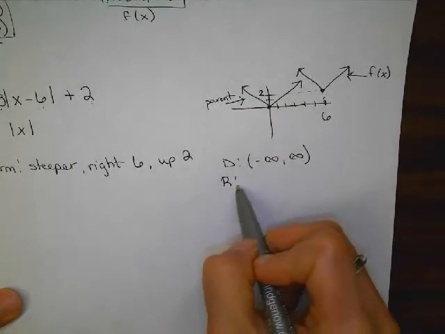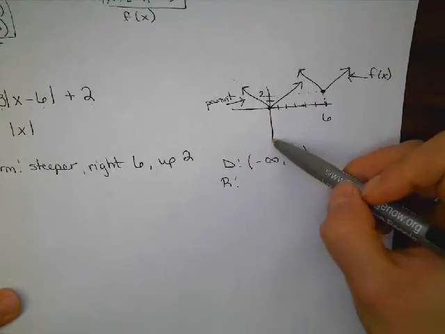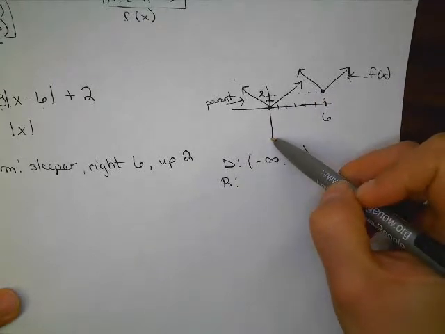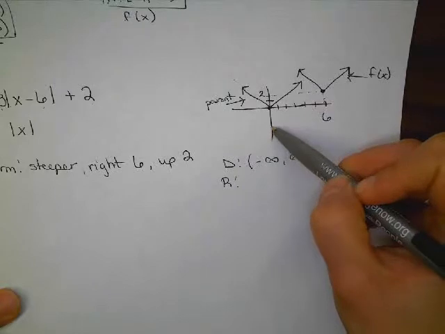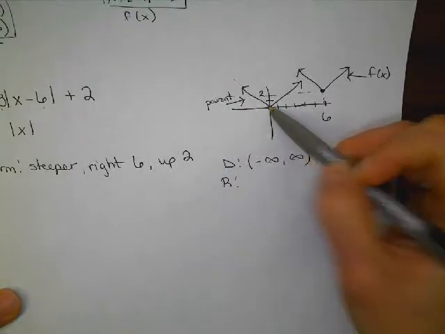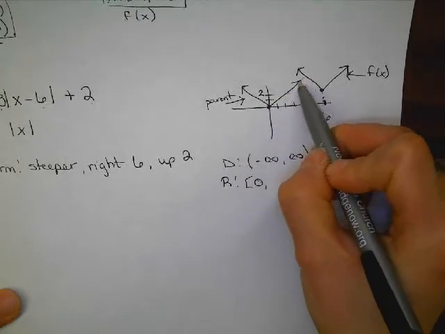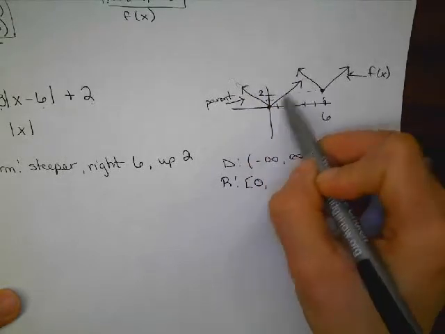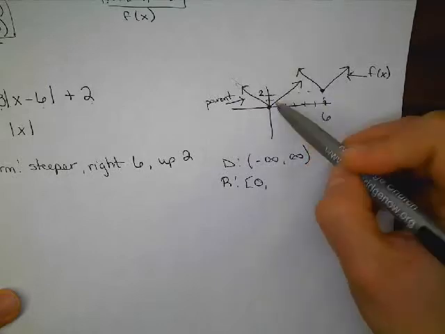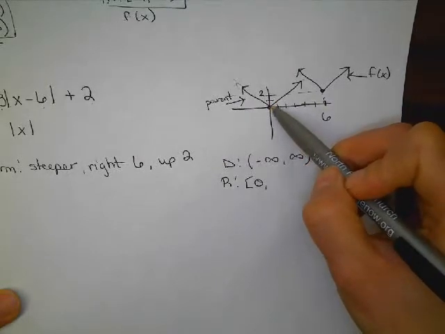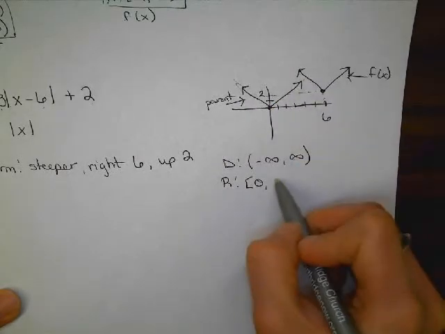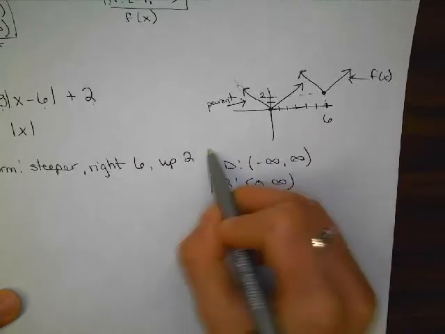The range for my parent function, range is the y-axis and found from going from the bottom to the top. So if I look at where the bottom of my graph is, at 0 here, so I start at 0, and my absolute value, even though it's going to the left and the right, that is domain. If I'm looking at range, I'm focusing on what it's doing on the y, which is going up. So I go up to infinity.